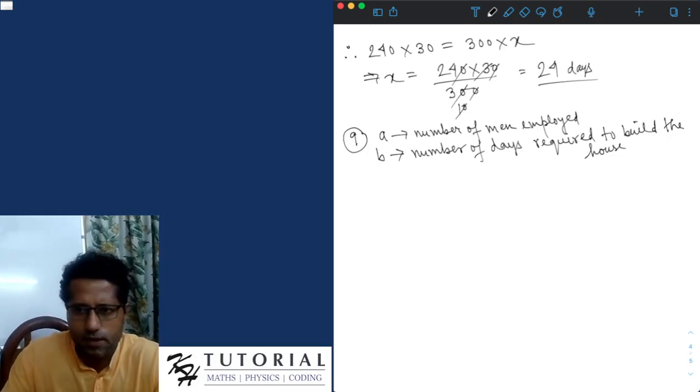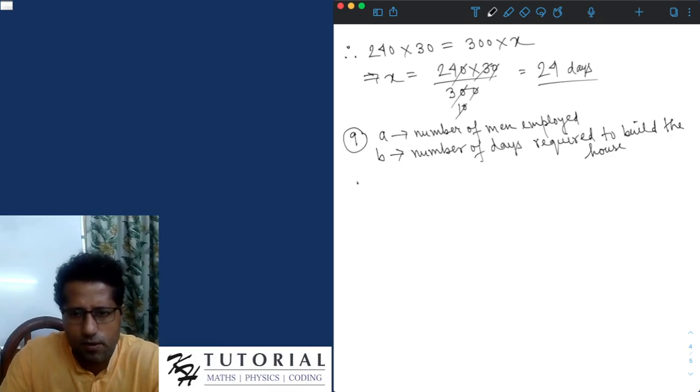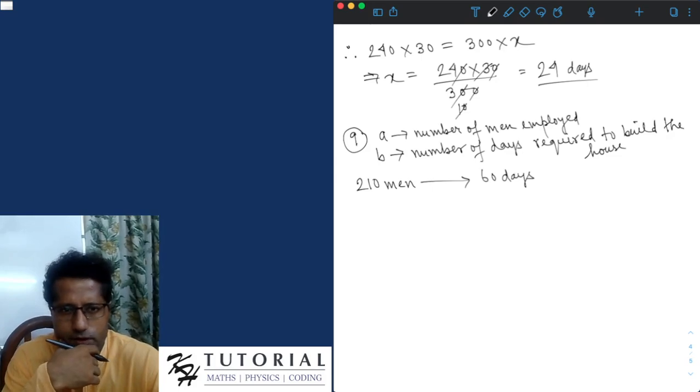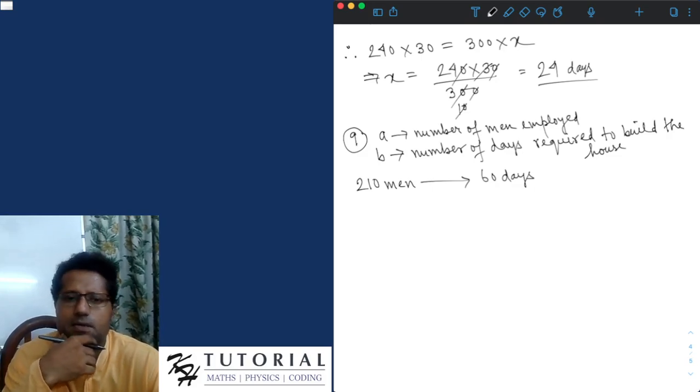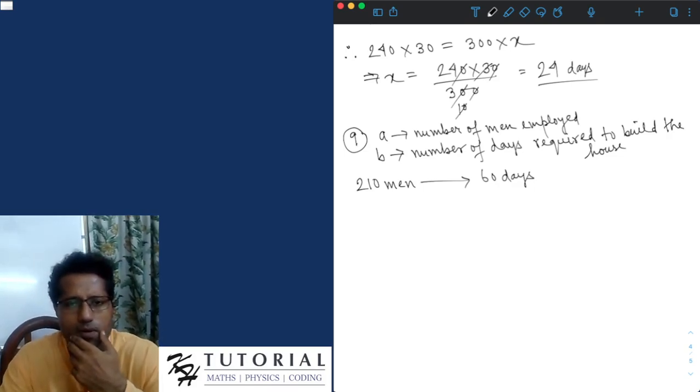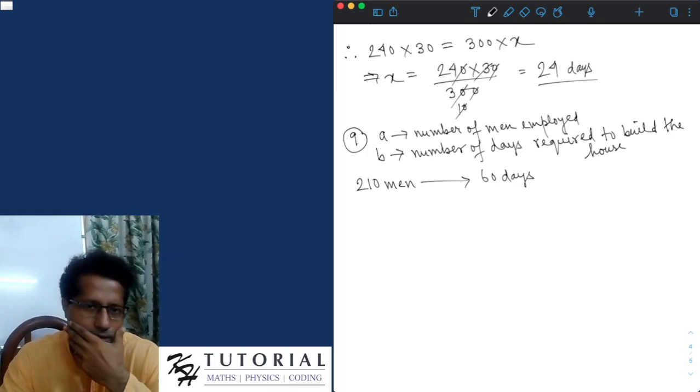And the first information it has given is that 210 men are building the house in 60 days. So it says that a contractor employed 210 men to build a house in 60 days.